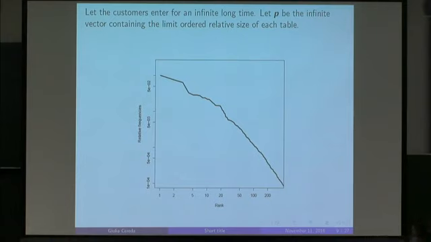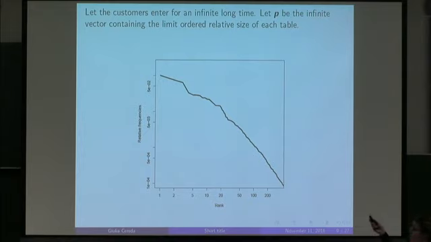And this is, for instance, what you may see. This is the table which has, let's say, the more popular tables, and here you have the tables with few customers.